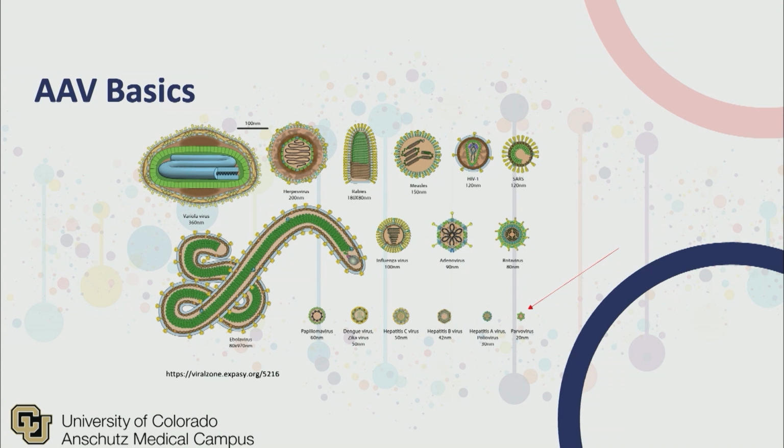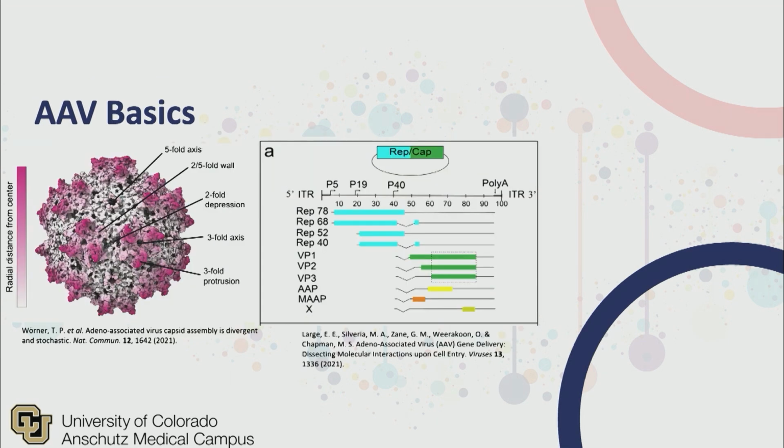Just first, a little primer on AAV, because that's what we're responding to. It's a very tiny virus in the parvovirus family. It's a dependovirus, which means that it requires a co-infection with another virus to produce proteins that make up the machinery that it can use to reproduce itself.